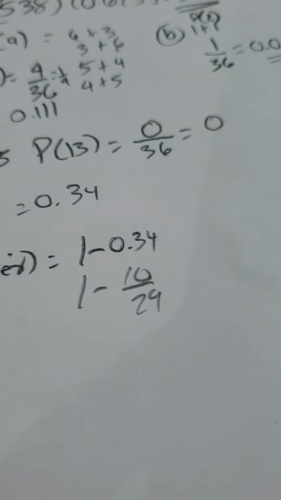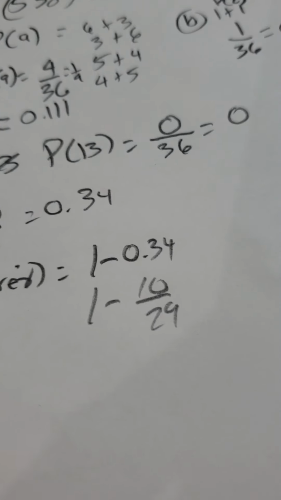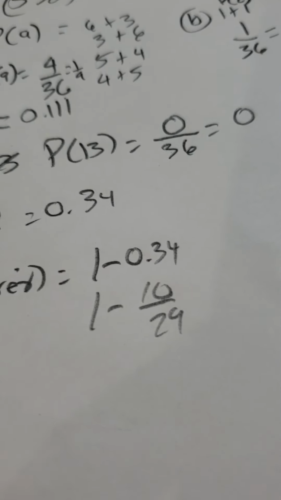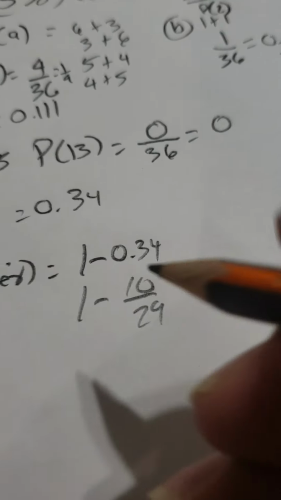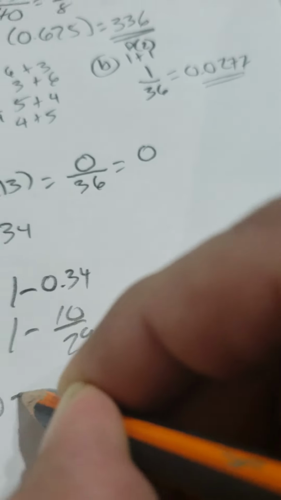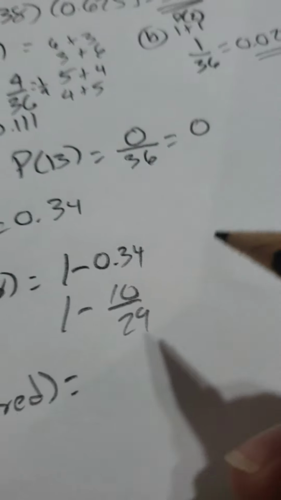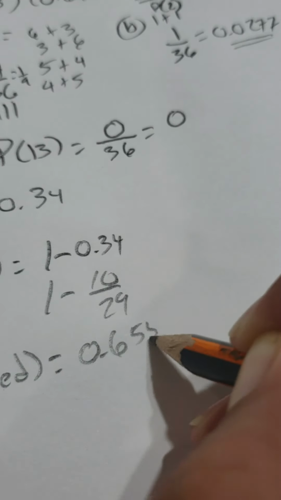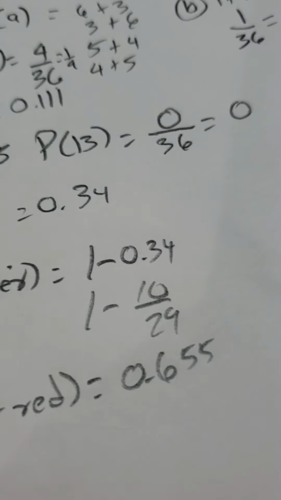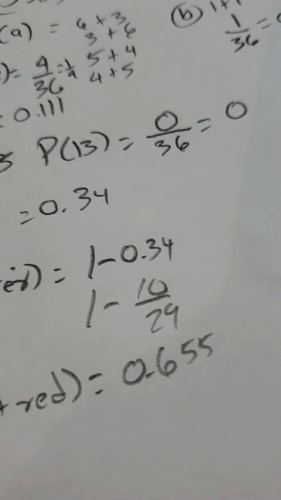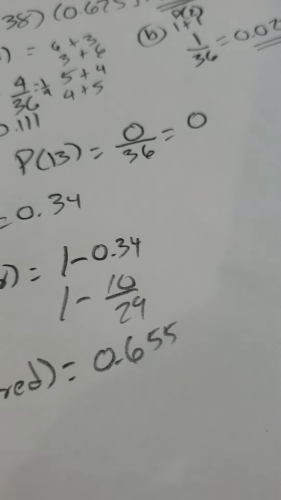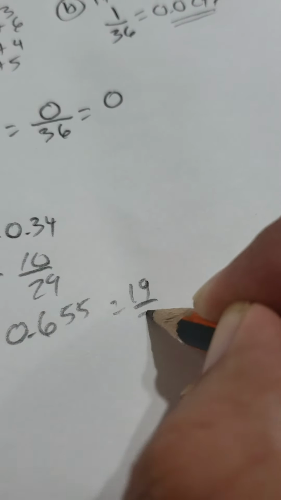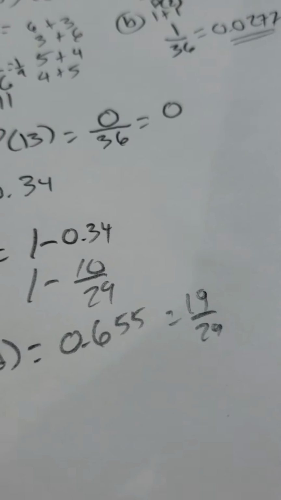It will be the same result. I will use the fraction to keep all the decimals. The final answer is P of not red equal to 0.66. And as a fraction, it will be 19 of 29, because 1 is 29 of 29, minus 10 of 29, that is 19 of 29. In other words, we subtract the other part here.